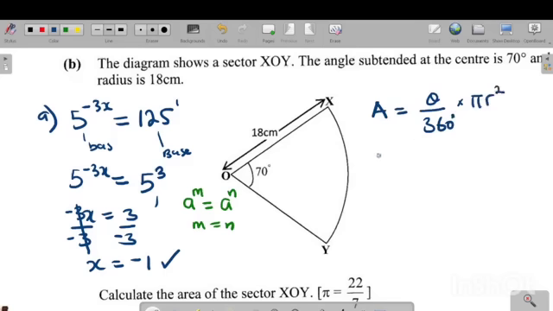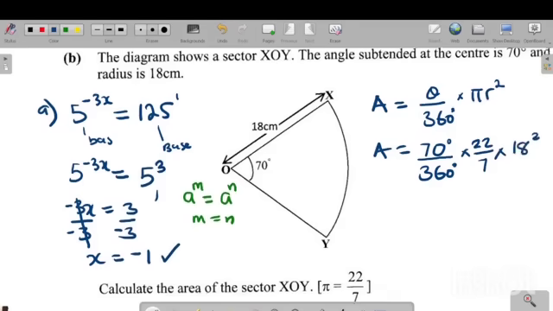Okay. All right, so area is equal to, theta in this case is the central angle, so you have 70 degrees over 360 degrees times pi. We've been told that pi is 22/7, so 22/7 times radius is 18, so we're going to have 18 squared.